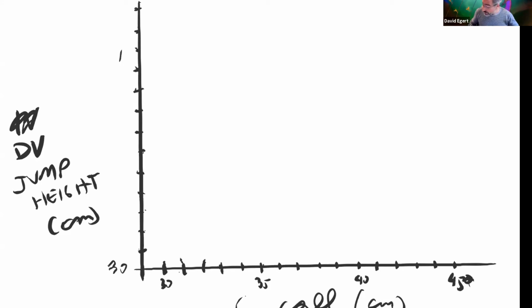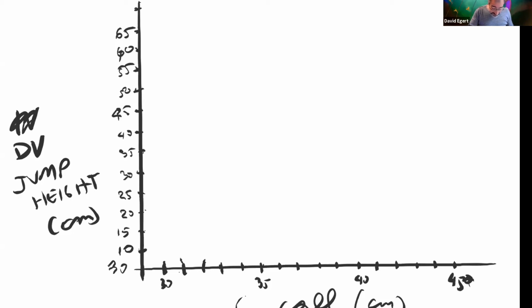Jump height has to go from 10 to 65. So let's do that. 10, 15, 20, 25, 30, 35, 40, 45, 50, 55, 60, 65.